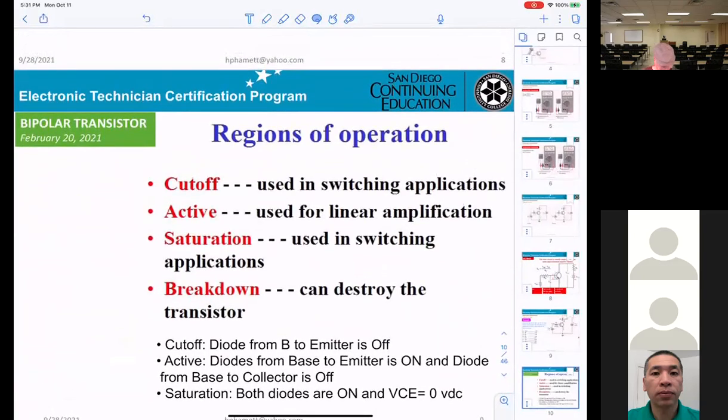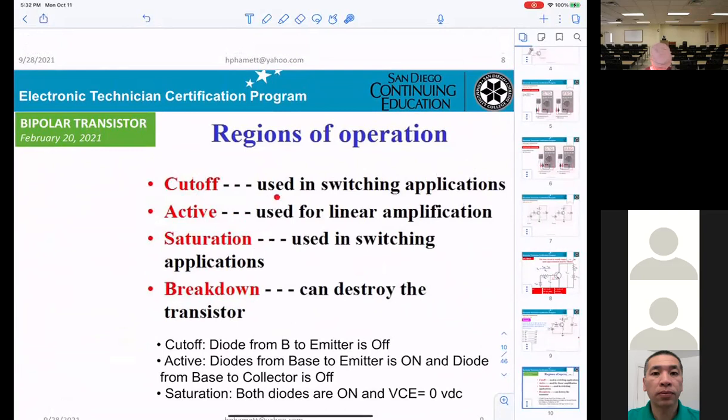And also in here, remember, the operation of the transistor: it can be cutoff, it can be active, or it can be saturation, only three, okay?